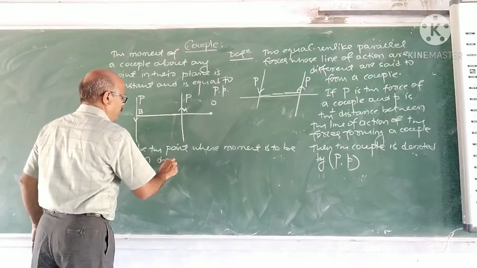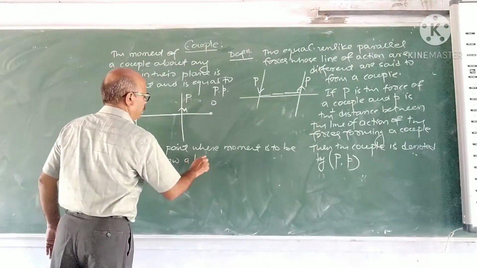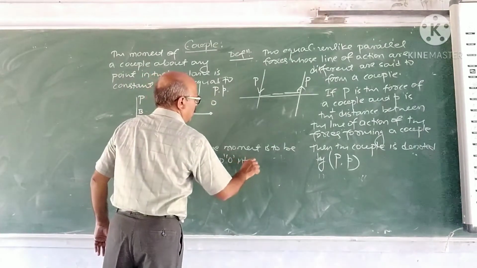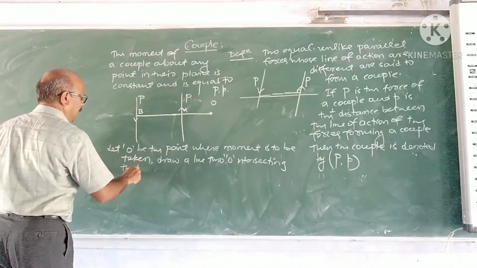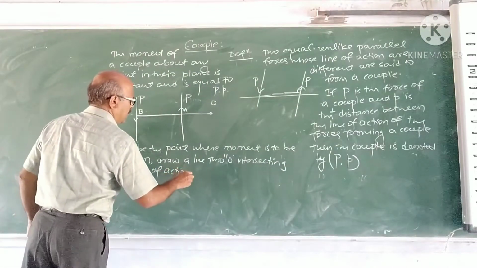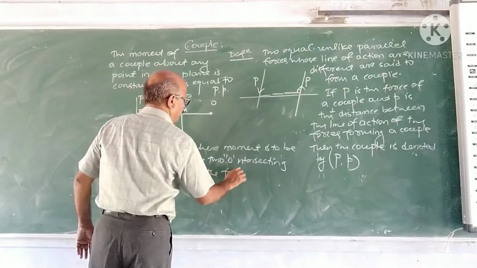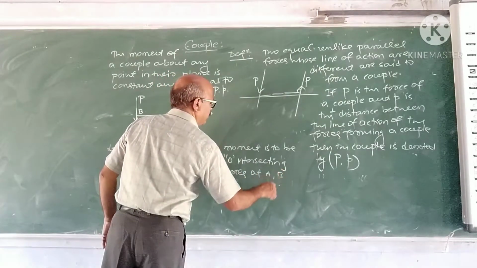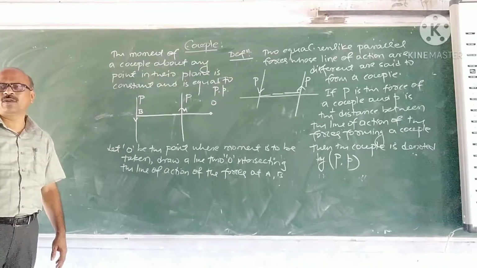Draw a line through O intersecting the line of action of the forces at A and B. Draw a line means perpendicular.